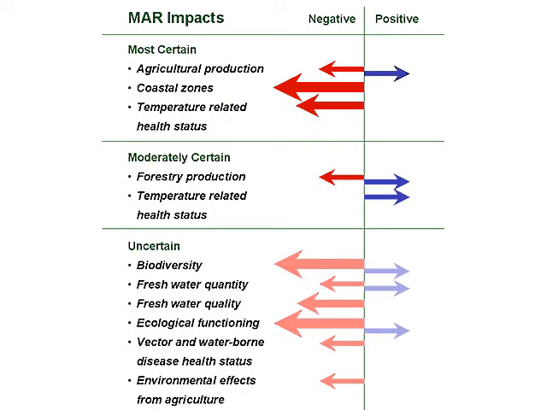And there are some interesting features in this table. For example, this first one, agriculture, has both positive and negative impacts in the Mid-Atlantic region. And the reason for that is that we think corn and soybeans will grow better in the Mid-Atlantic region. That's the positive arrow. The negative arrow, interestingly, is because we also will have better growing conditions for tobacco in the Mid-Atlantic region, which is a very important crop in Virginia and the portion of North Carolina that was on the map.